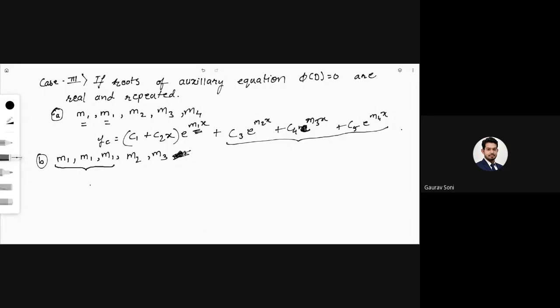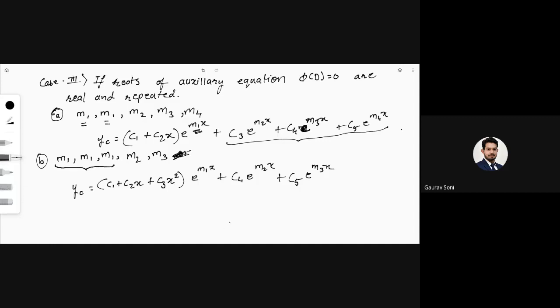So in that case, yc will be equal to c1 plus c2x plus c3 x square, e to the power m1x, plus c4 e to the power m2x, plus c5 e to the power m3x.